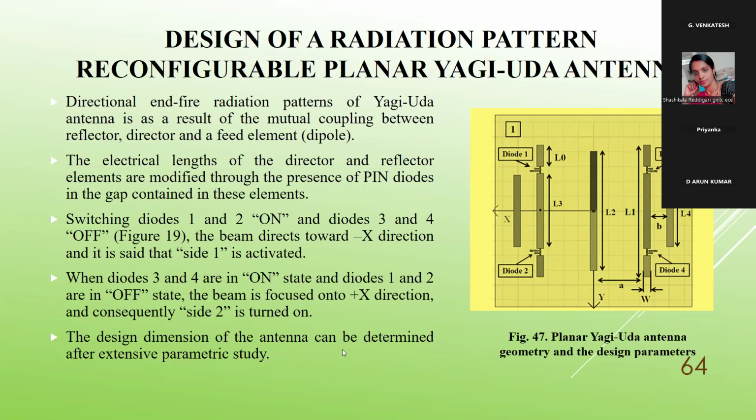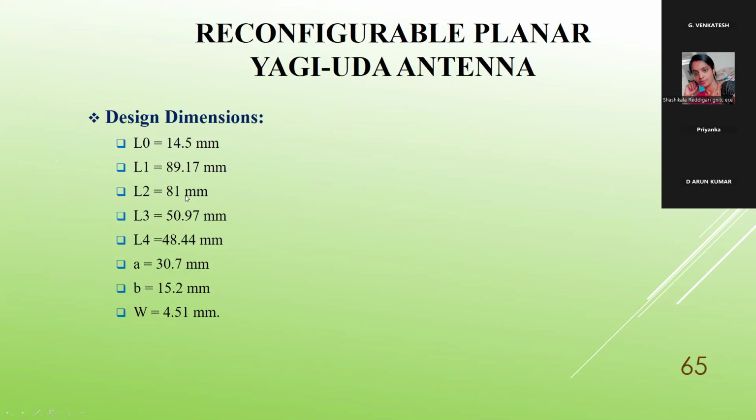radiation patterns. These design dimensions of the antenna can be determined after an extensive parametric study. They have given the L0, L1, L2, L3, L4 and A, B, W values.